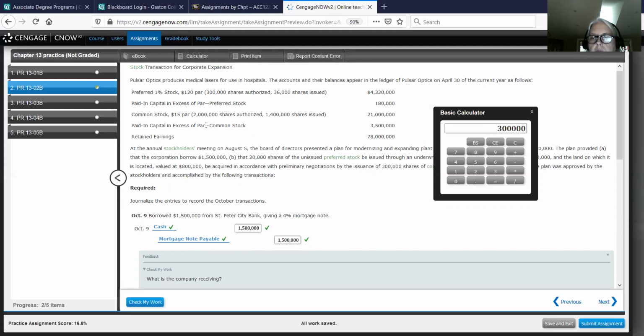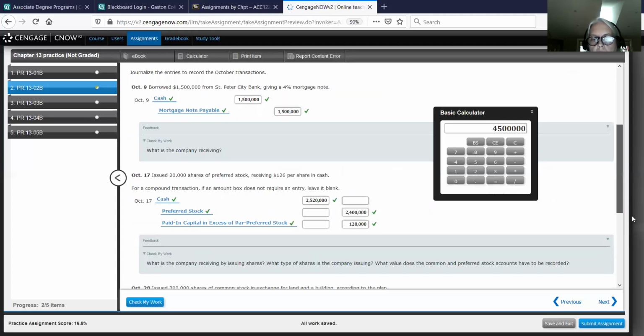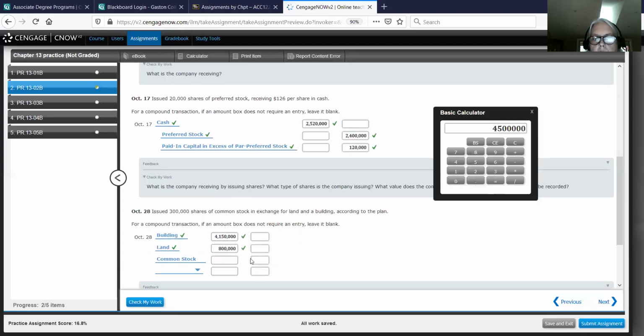So 300,000 shares times $15, the par value of the common stock, would mean that the total par of the common stock would be credited for $4,500,000. So $4,500,000 is the credit to the common stock.